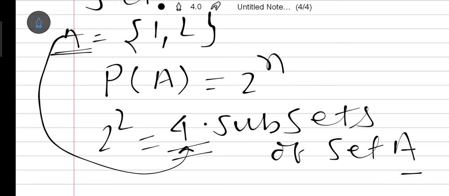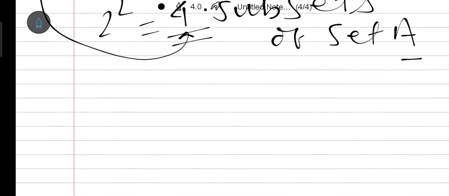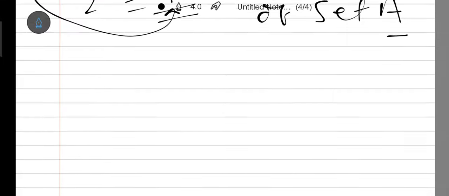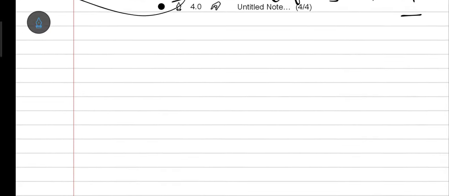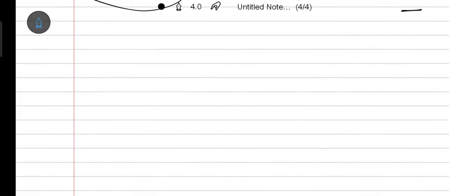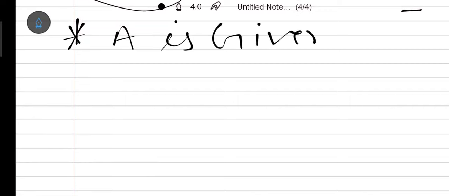Gentlemen, we are finished with the types of sets. Now we'll be moving on to some important properties of sets.